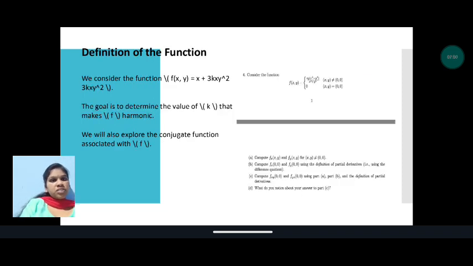Definition of function. We consider the function f(x, y) = x cube plus 3kxy square. The goal is to determine the value of k that makes f harmonic. We will also explore the conjugate function associated with f.